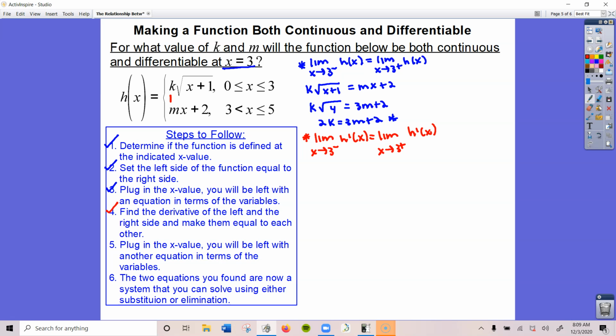Now remember that this k and m represent coefficients. They do not represent actual variables, even though right now they are variables. So when you find the derivative, you treat k like a coefficient.